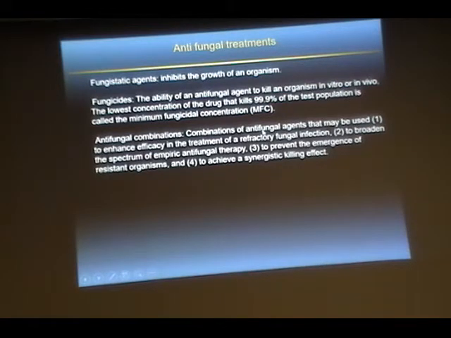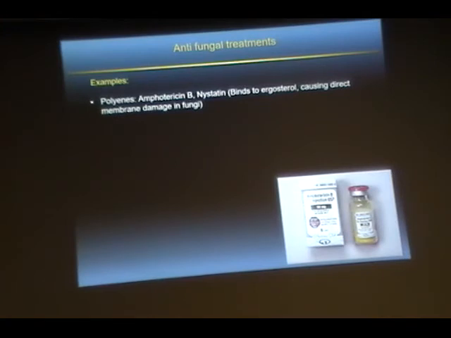So we want to avoid antifungal resistance, and that's why we have to go for more biological therapy, and that's why the research is being done. Some of the common ones that are in clinics are polyenes, such as amphotericin B and nystatin.